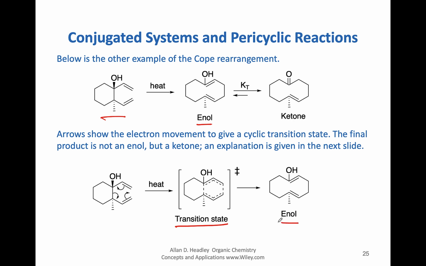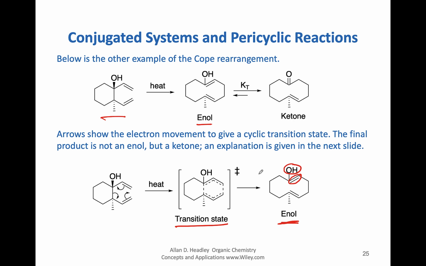You should notice here that the product is an enol. E-N-O-L, because here's the en and here is the ol. So it's described as an enol. In chemistry, these enols are not stable.